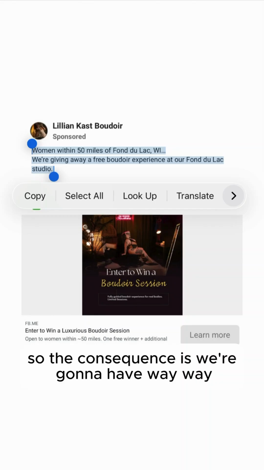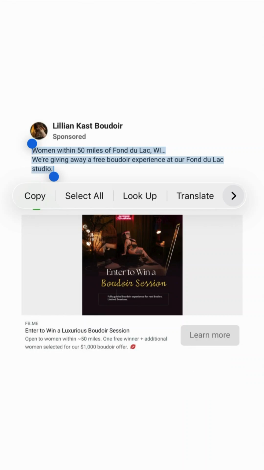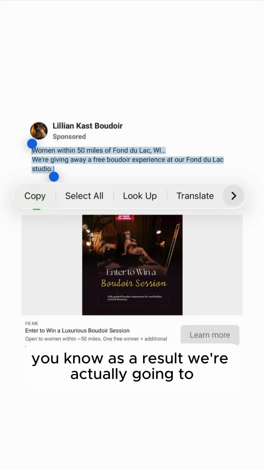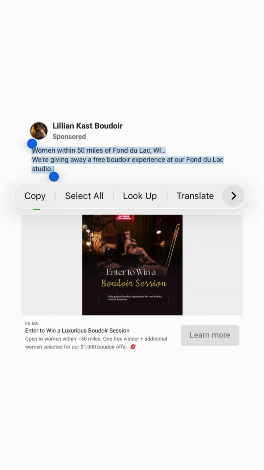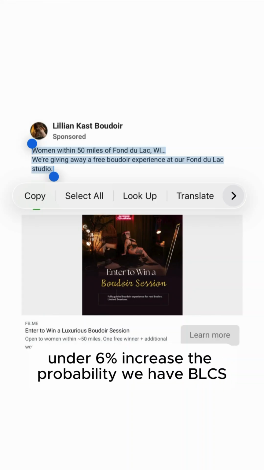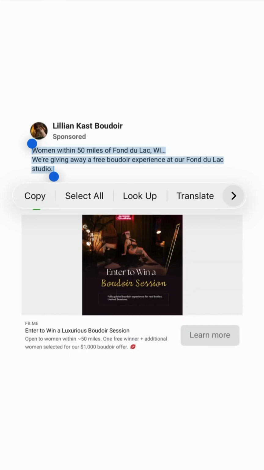So the consequence is we're going to have way more women scrolling by our Boudoir Facebook ad than necessary. As a result, we're going to pull our unique CTR under 6%, increase the probability we have BLCS, boudoir low click syndrome, and it's going to be wasting our buckaroos.